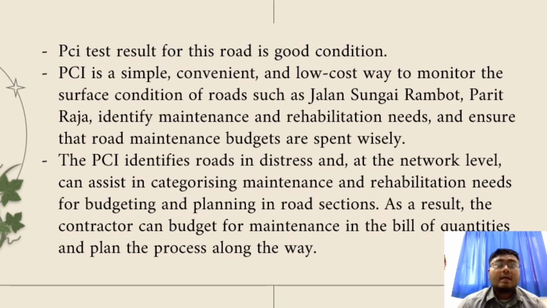The PCI identifies roads in distress at network level and can assist in categorizing maintenance and rehabilitation needs for budgeting and planning in road sections. As a result, the contractor can budget for maintenance in the bill of quantities and plan the process along the way.